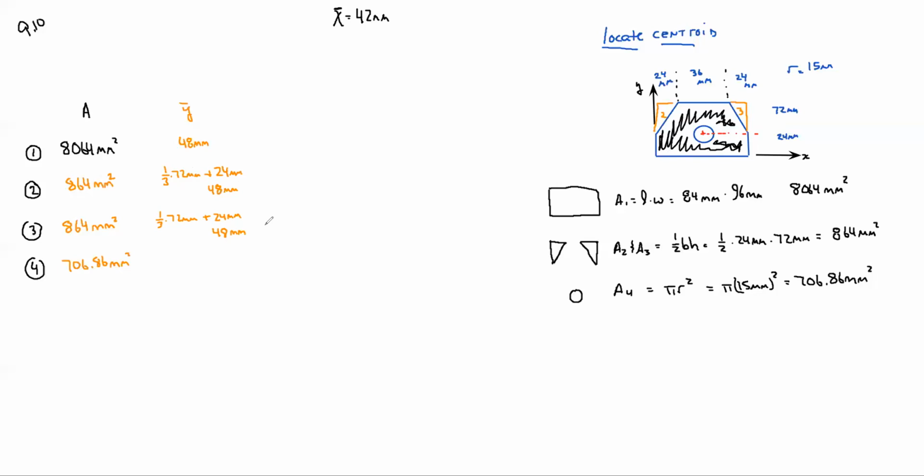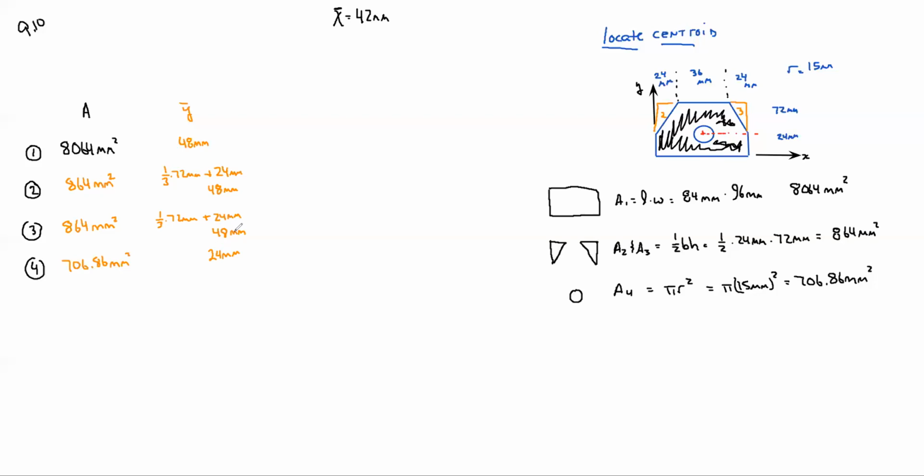Well, the distance from the x-axis to the center of the circle is 24 millimeters. Given to us in the problem. If we had to calculate it out, the formula for y bar would be diameter divided by 2, which would be 15.